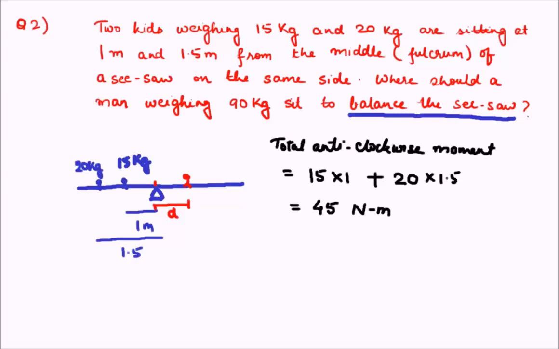Let us write it out. Clockwise moment needed for balancing is 45 Newton meter. But how much moment is actually being created in clockwise direction?